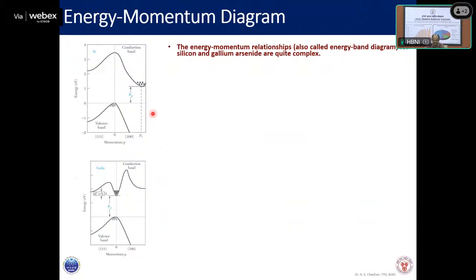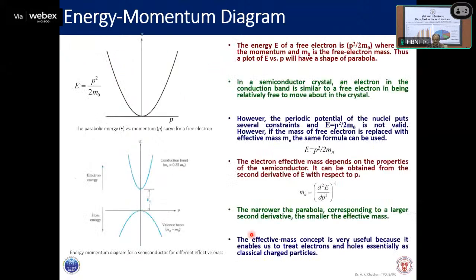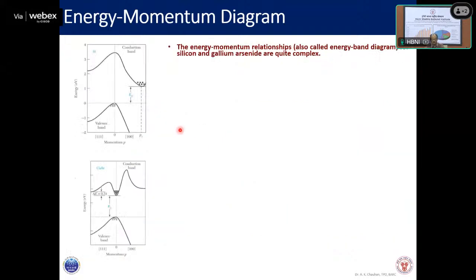Now, normally in textbooks or papers we see the bands drawn as flat. This is the conduction band, this is the valence band, but actually that is not the case. The bands are very complicated in three dimensions, and they are direction dependent, as I have already said.